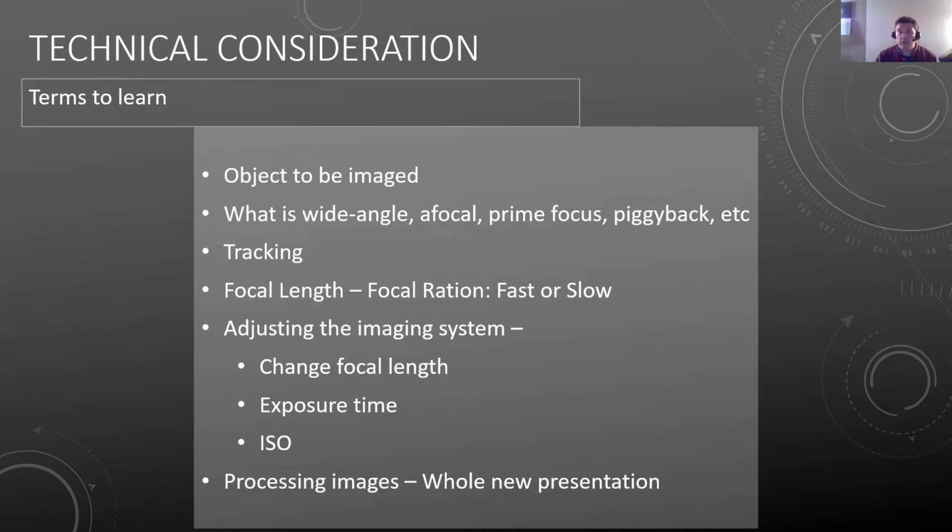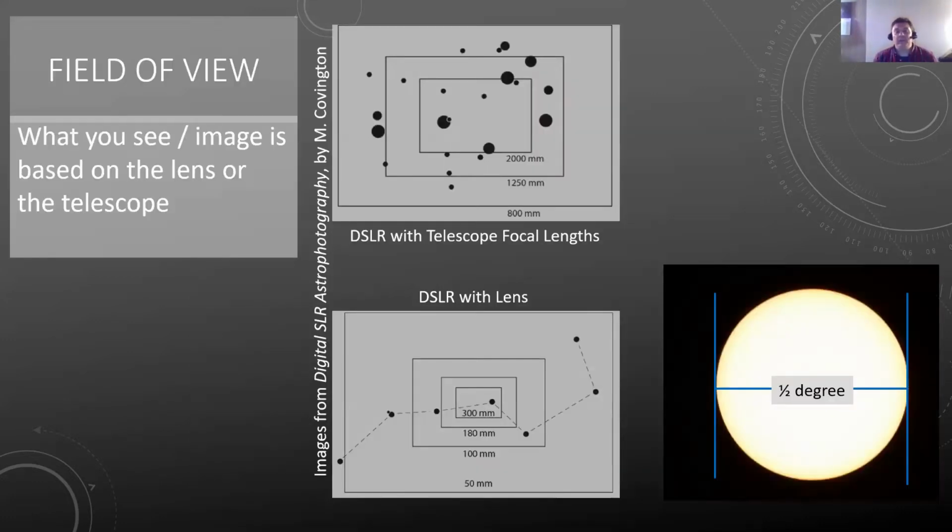And it could be enjoyable. It could be frustrating at times. I could talk as I go through this. I can tell you about all the times I've made a mistake and maybe broke something, but it's a learning process. But let's go back to the field of view for a little bit.